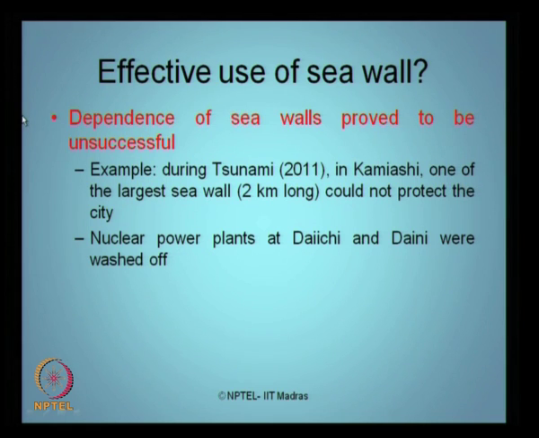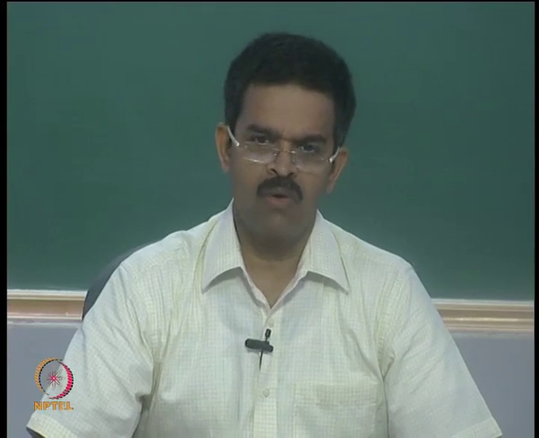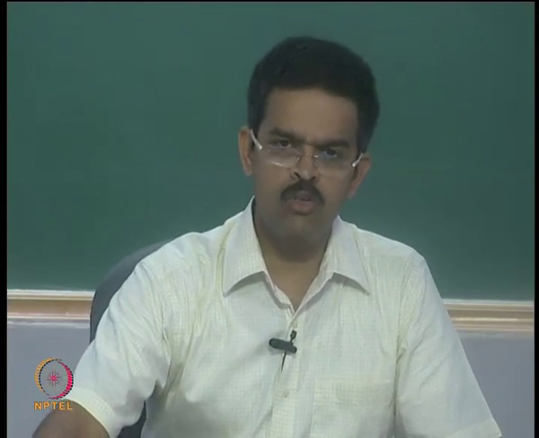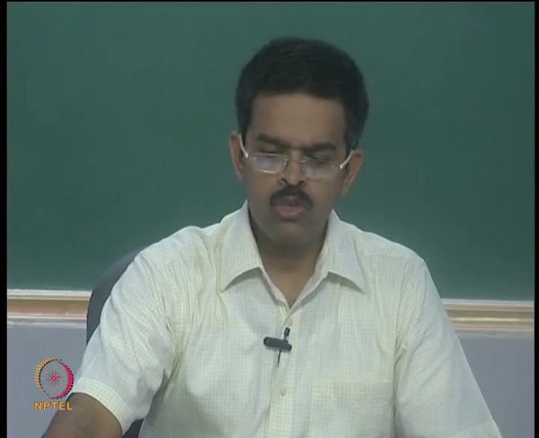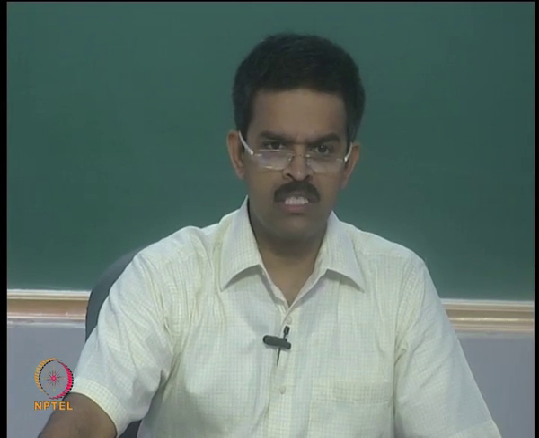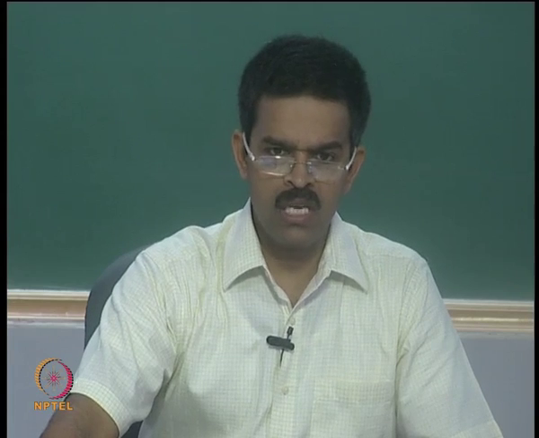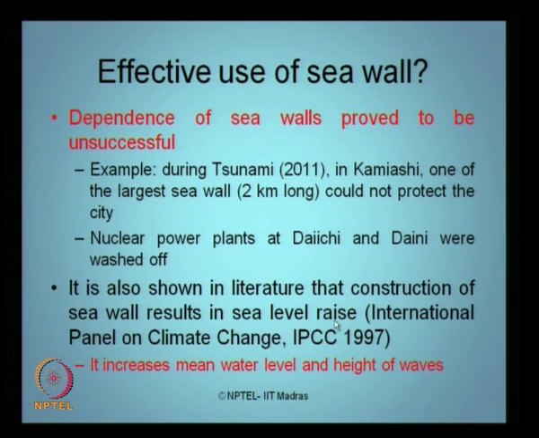So, the dependence on sea walls, be it vertical or curved, irrespective of the geometry of the sea wall, has not been seen to be very successful in past history. It is also shown in the literature that construction of sea walls results in a serious sea level rise actually.